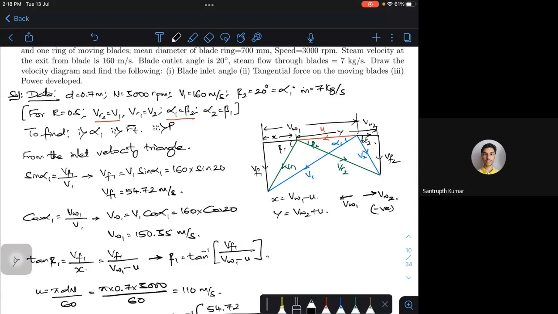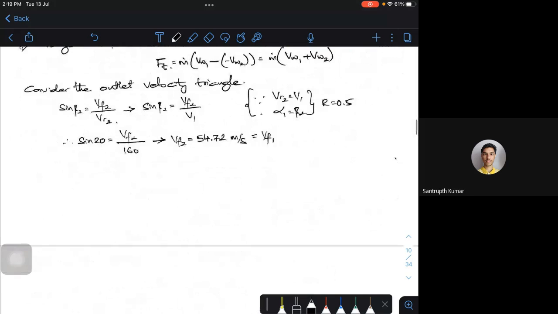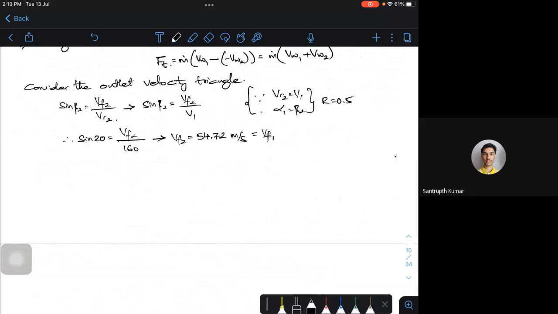So from that I can find VW2. Tan alpha 2 is equal to VF2 divided by VW2, or VW2 is equal to VF2 by tan alpha 2.